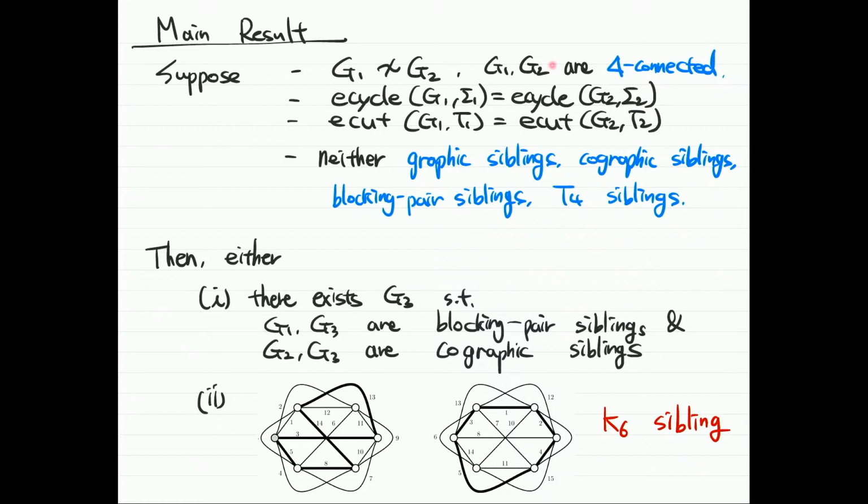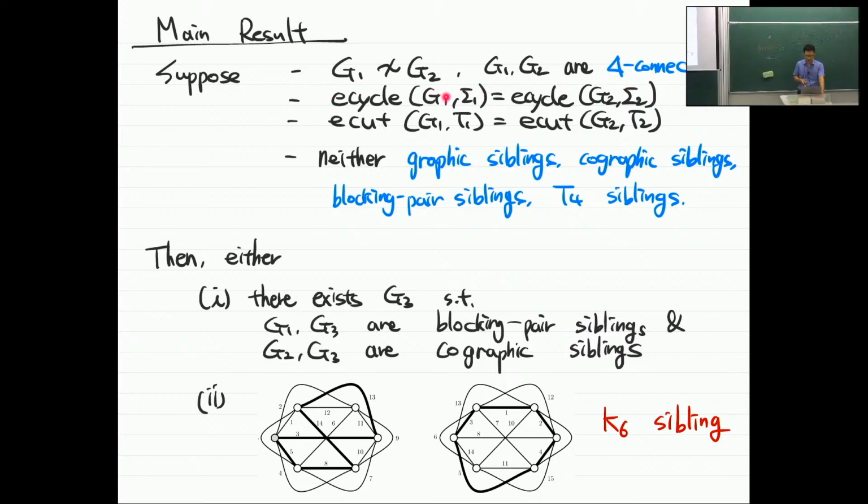And we assume G1, G2 are 4 connected, and we exclude 5 cases. So G1 and G2 are not equivalent, and they are neither graphic siblings, co-graphic siblings, blocking pair siblings, nor T4 siblings.